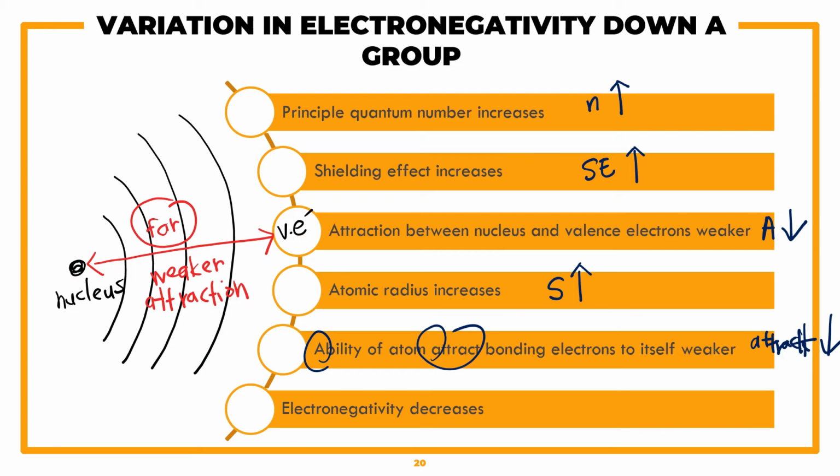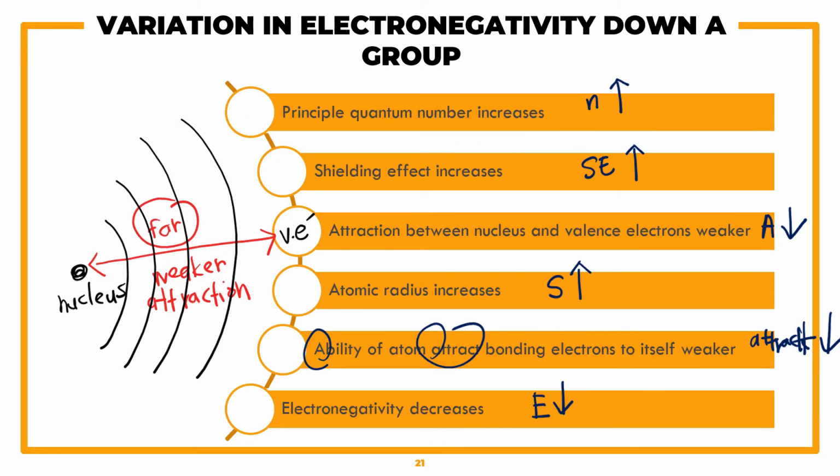So electronegativity will decrease. As the atomic size gets bigger, the ability of this nucleus to attract bonding electrons to itself will be weaker. Electronegativity will decrease.